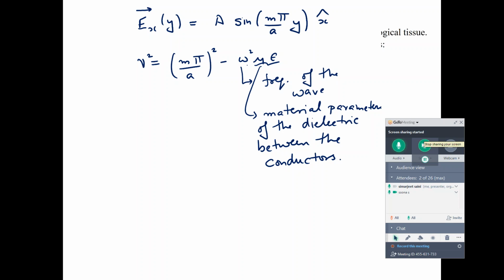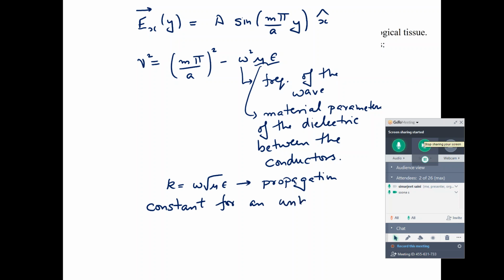Mu epsilon is the material properties we have. And from your previous class, you know k is omega times square root of mu epsilon, the propagation constant for an unbound wave in a medium. And unbound is nothing but the plane wave.